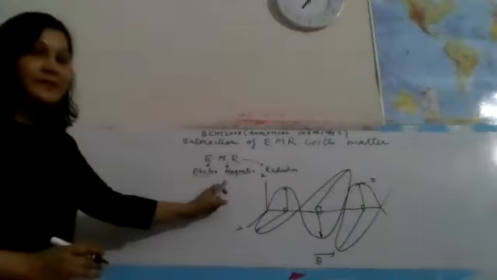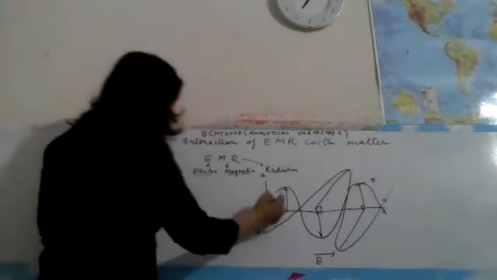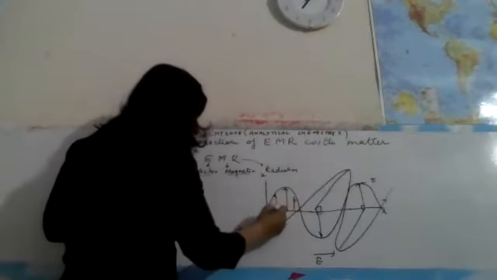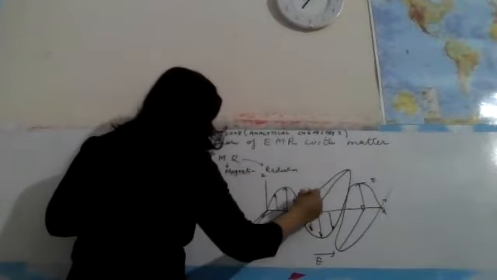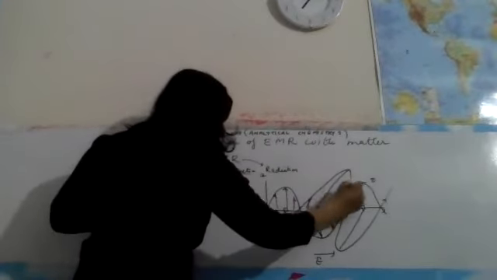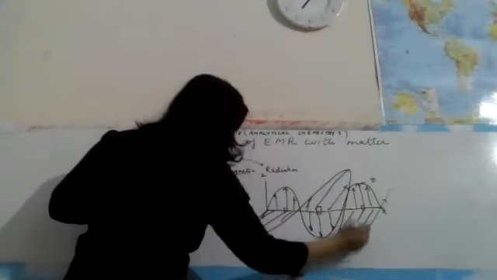So this is the representation of your electromagnetic radiation. Direction is from left to right. Clear? I think it is now clear to you what electromagnetic radiation is.